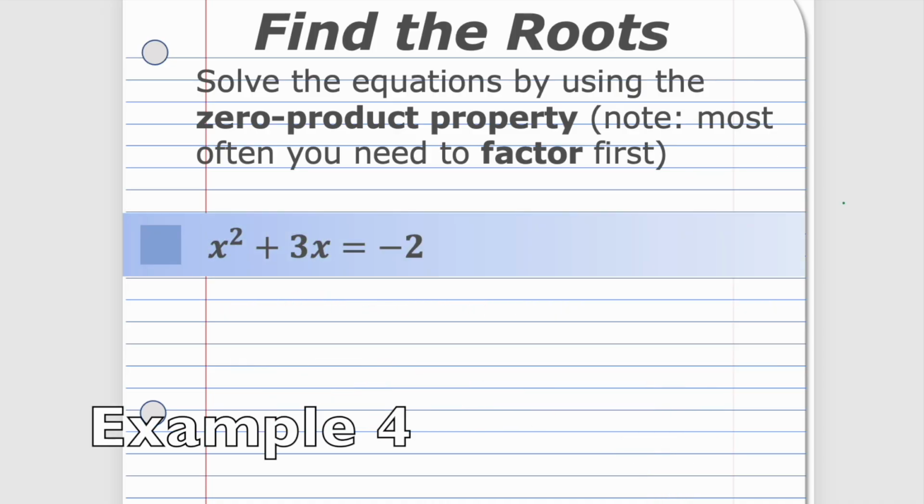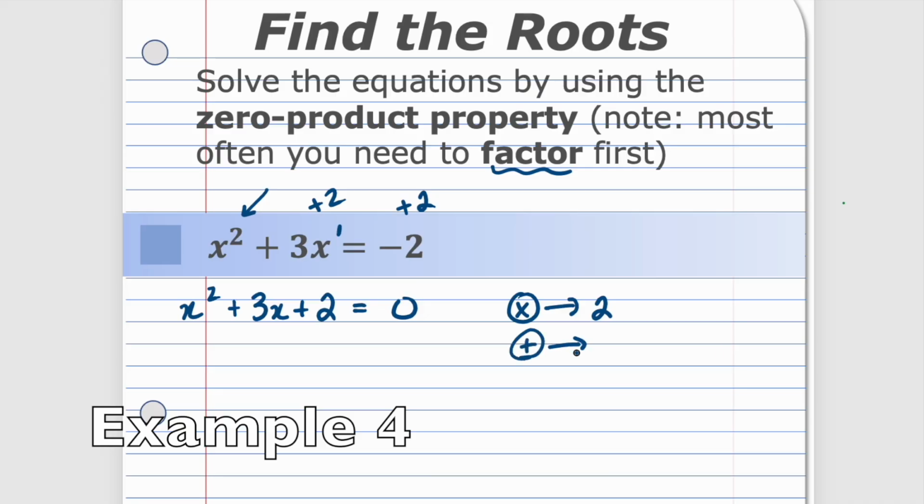Next one, we have a quadratic because we have an x squared and we also have an x to the 1. We need to see if we can factor. We need to move all of the terms to the left side by adding 2 and now see if we can factor. We need to find two numbers that multiply to 2 and add up to the coefficient of the middle term, 3.